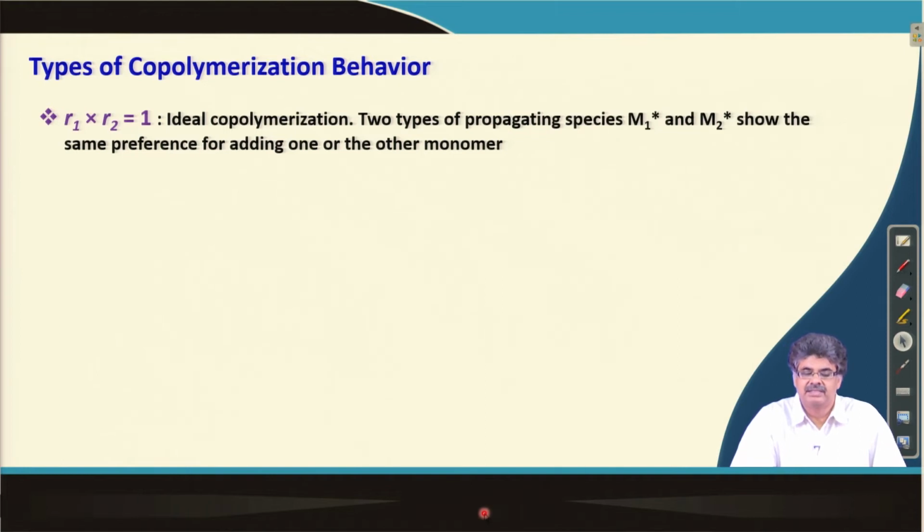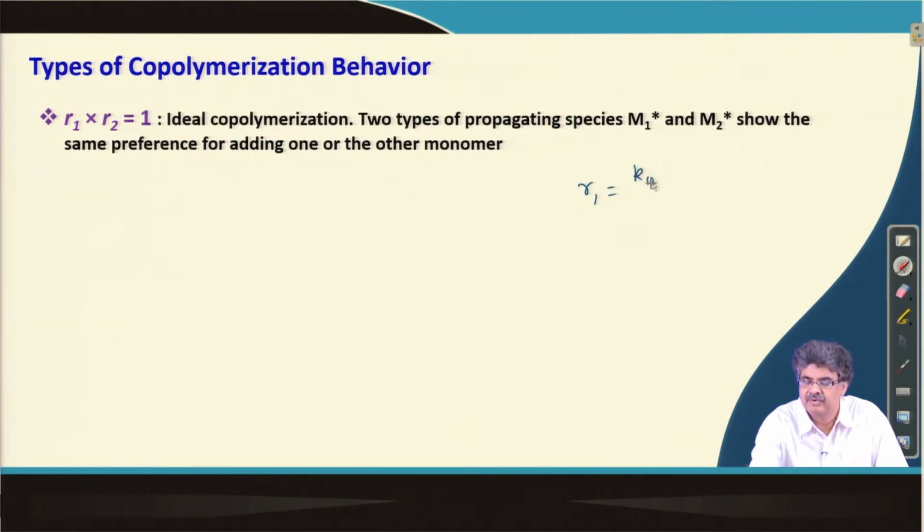Now, these are the typical copolymerization behaviors possible. We define r1 and r2. r1 is once again the rate of homopolymerization divided by the rate of cross polymerization.